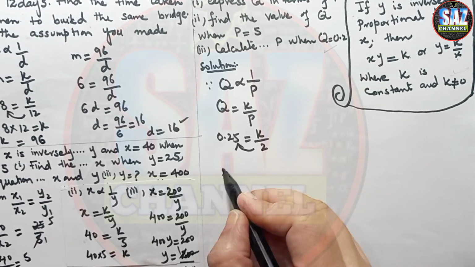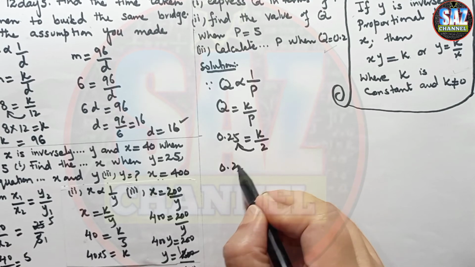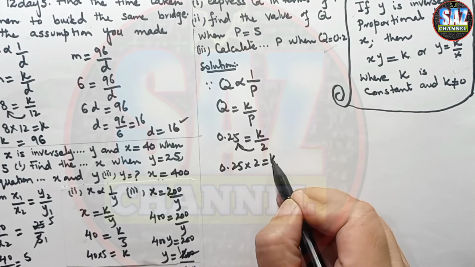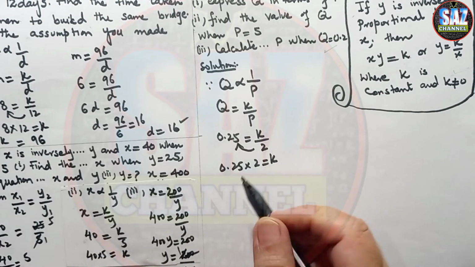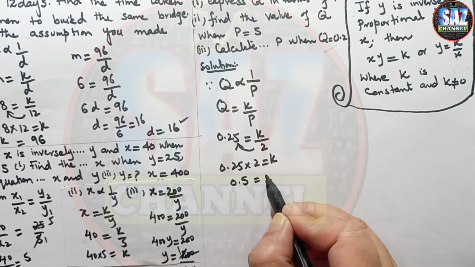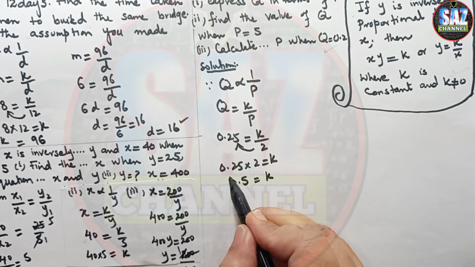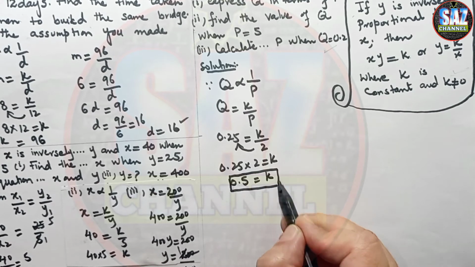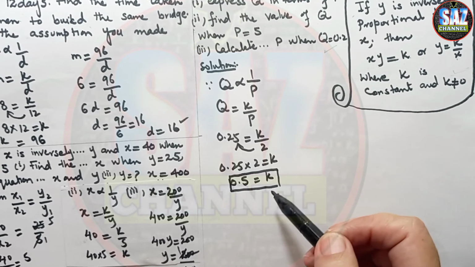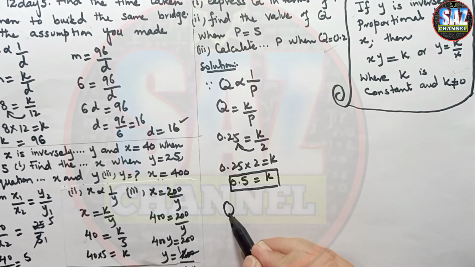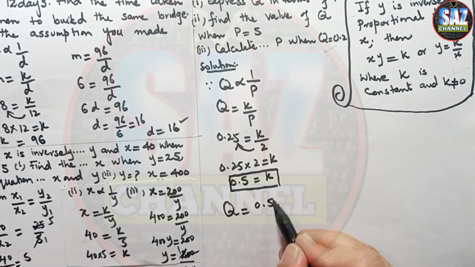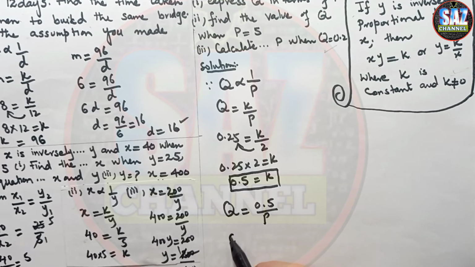Shift 2 to the other side and it will take the form 0.25 multiplied by 2 equals k. 0.25 multiplied by 2 will be 0.5. So the value of k will be 0.5 or 1 by 2. Then we write this value of k instead of k, so the equation will take the form q equals 0.5 by p, or q equals 1 by 2p. I hope you are clear about this part.